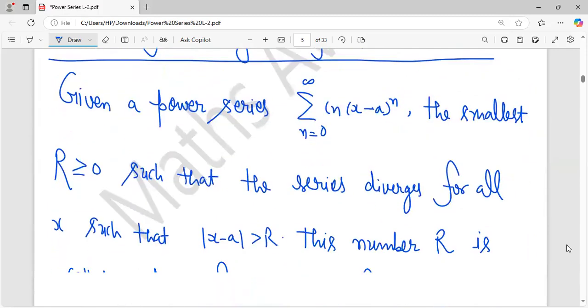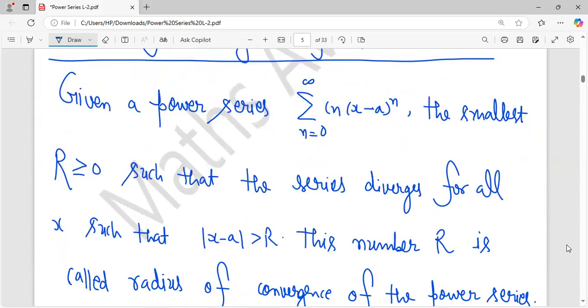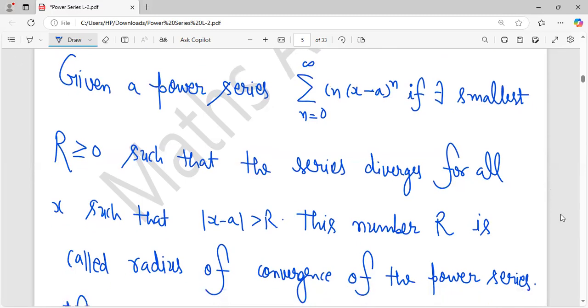Given a power series, if there exists a smallest number such that this happens, then this is called the radius of convergence of the power series.